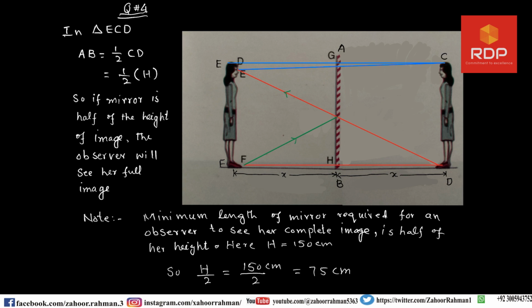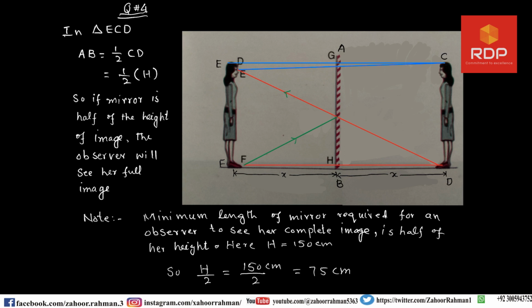So this blue line is the first part, which says show on your diagram the path taken by a ray of light which travels from the top of the person's head and enters the eyes. This blue line is showing that.